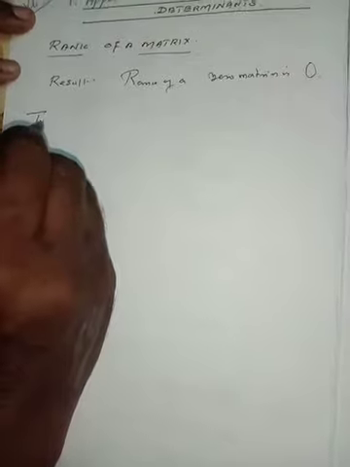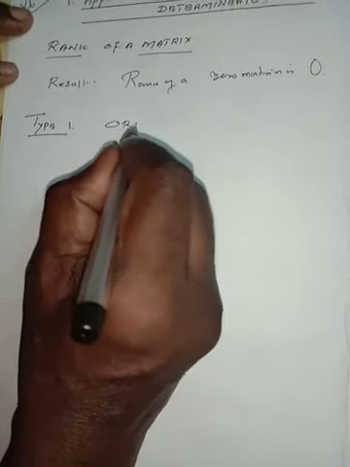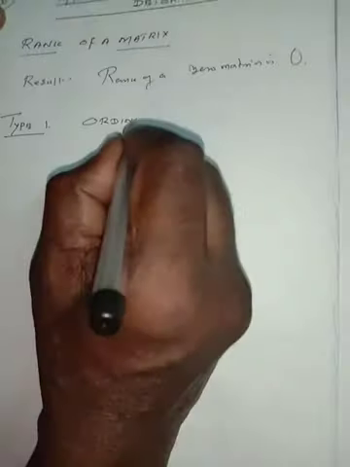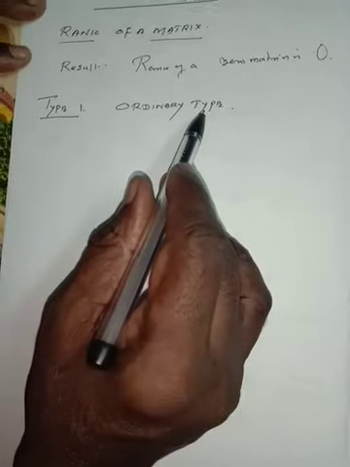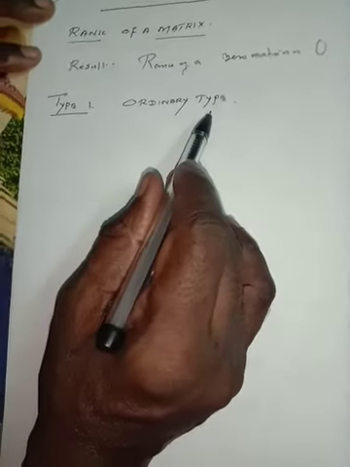There are two types. One is type number 1, the ordinary type. This type is very useful for 2 cross 2 matrix and 3 cross 3 matrix.